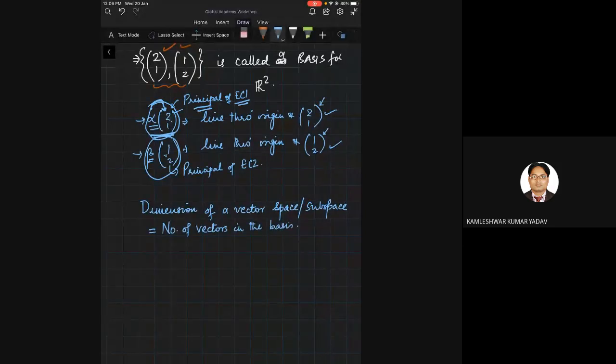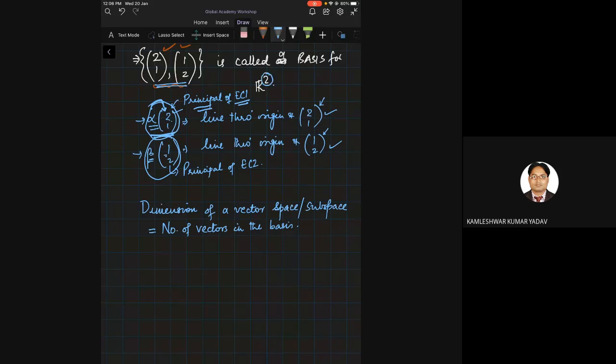Is this okay? So what is the basis of this vector space, whose basis is (2, 1), (1, 2)? What is the dimension of this vector space? 2. The dimension of this vector space is 2, which corresponds to this. Is this okay?